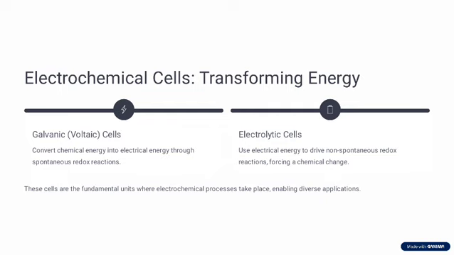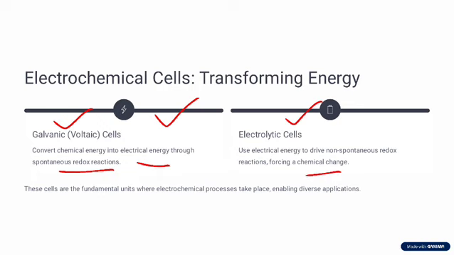Let's quickly review the two main kinds of electrochemical cells, which are used to produce electrical energy or chemical change. First comes the galvanic cell and the other is the electrolytic cell. In a galvanic cell, chemical energy is used to produce electrical energy, and in an electrolytic cell, electrical energy is used to produce chemical change.